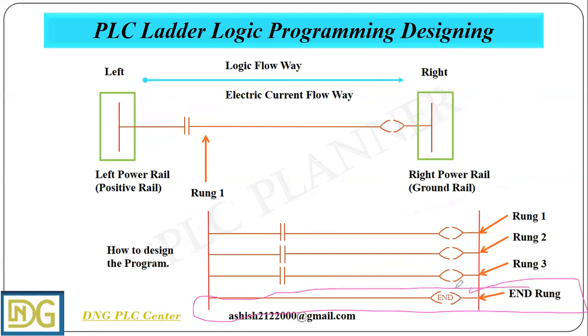Sorry, Mr. Ashish, I can see that there are special brackets for input and special brackets for output. Can you interchange them? In Allen Bradley PLCs, we have this type of input coil.